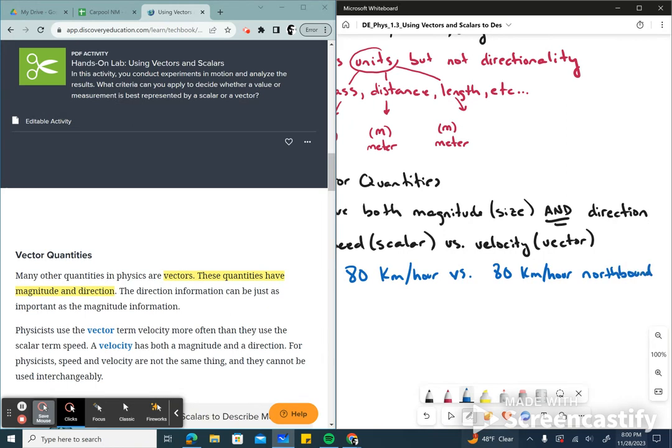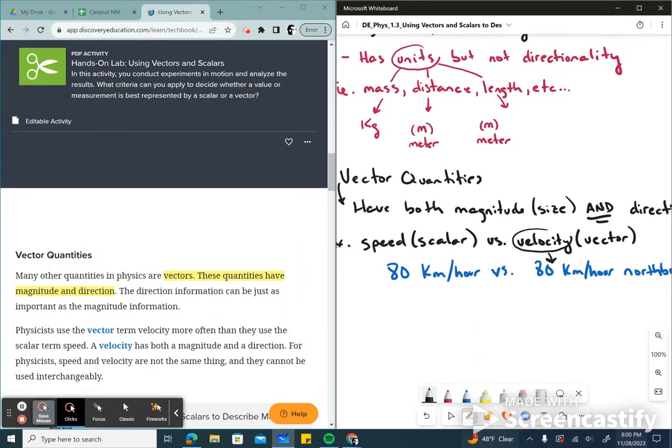That means you're traveling north, right? Velocity would be this one. It's a vector. And the speed, a scalar, would be this term with no direction. Okay. All right.